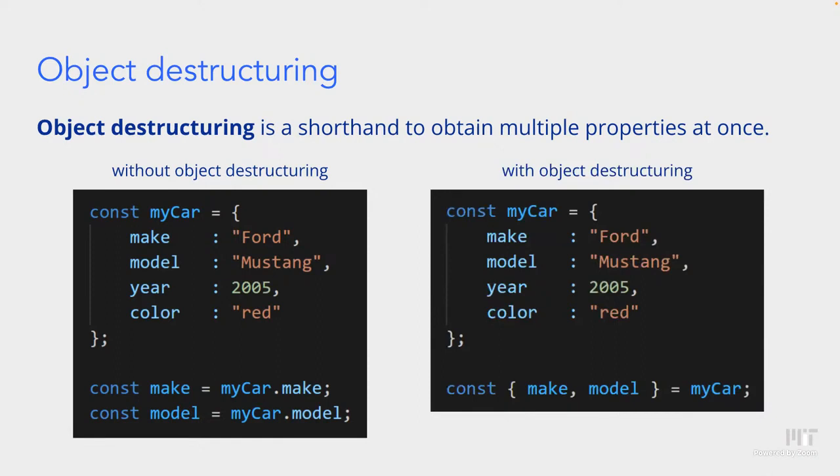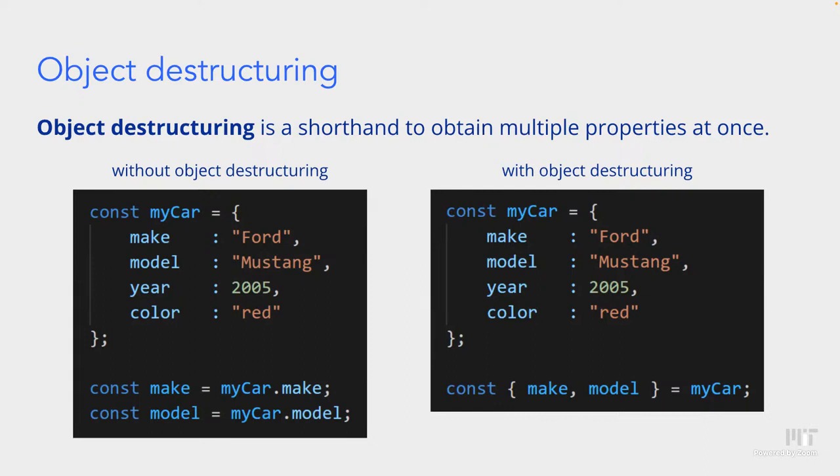We can just do a clean one-liner here and say const in curly braces, whatever you want to get out of your object equals my car, and then all of those variables in the curly braces, they'll be stored with the actual value. And so this would be very useful if, let's say, you have a very big object with a lot of name value pairs, and you want to get a lot of name value pairs out of that object.